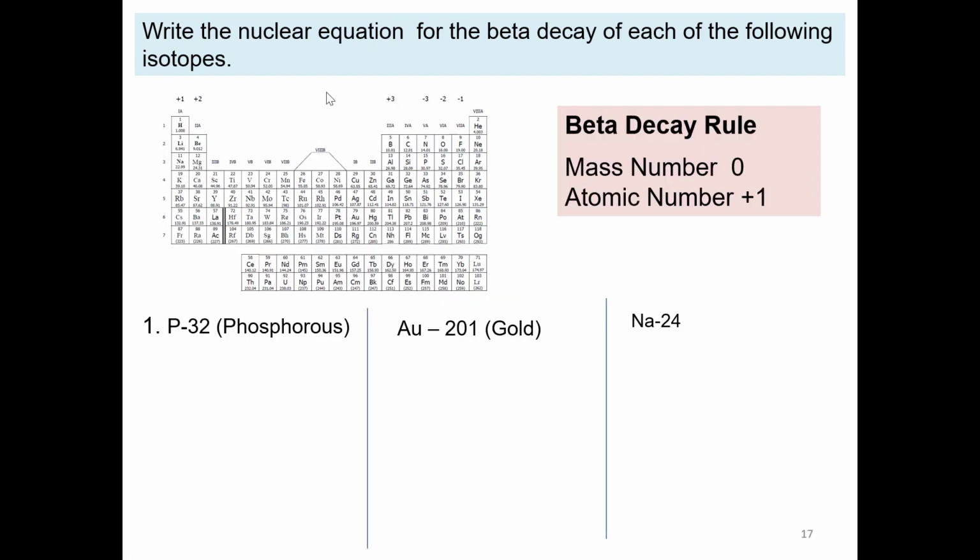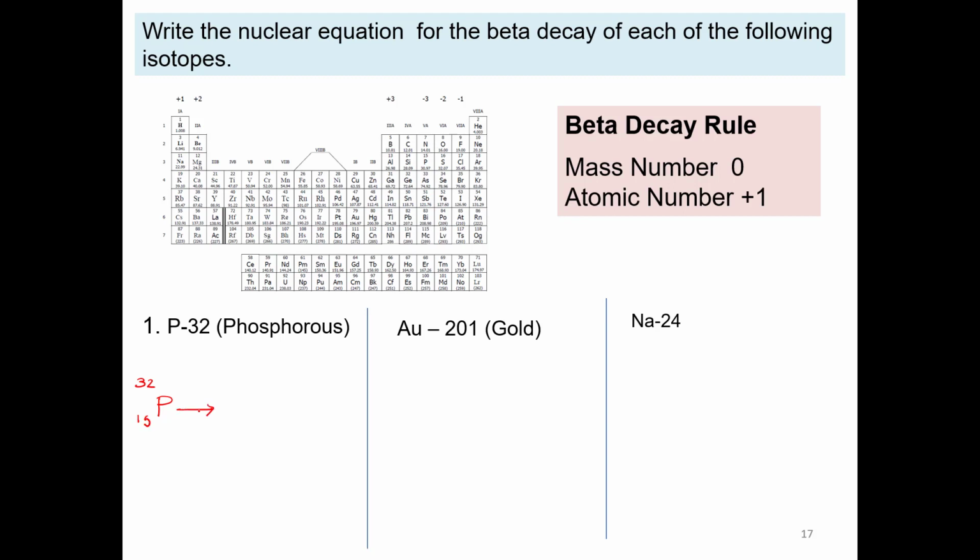Now let's write the nuclear equation for the beta decay of each of the following isotopes, but this time we will apply the rule for beta decay. Let's start with phosphorus. It's 32, and the atomic number for phosphorus is 15, and this number goes there.